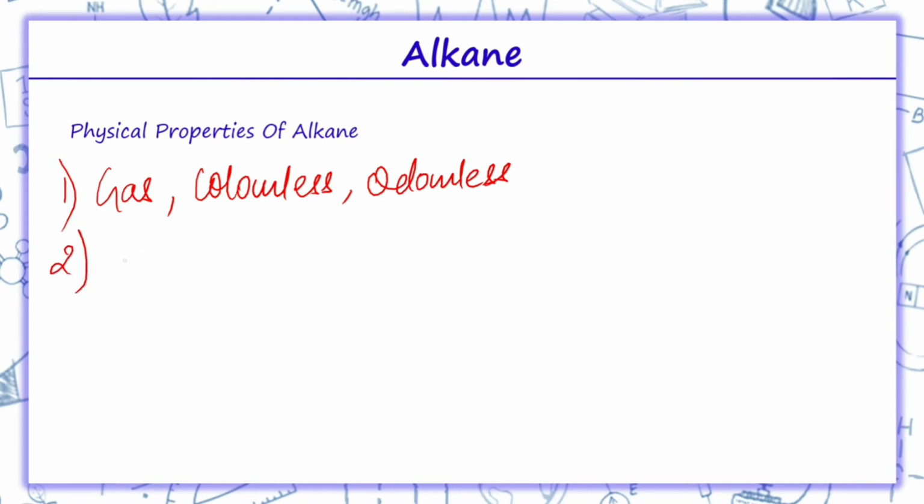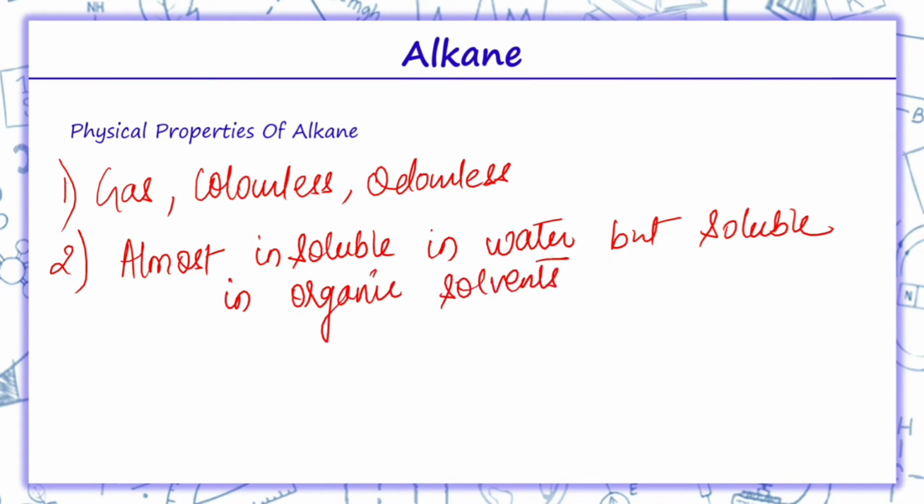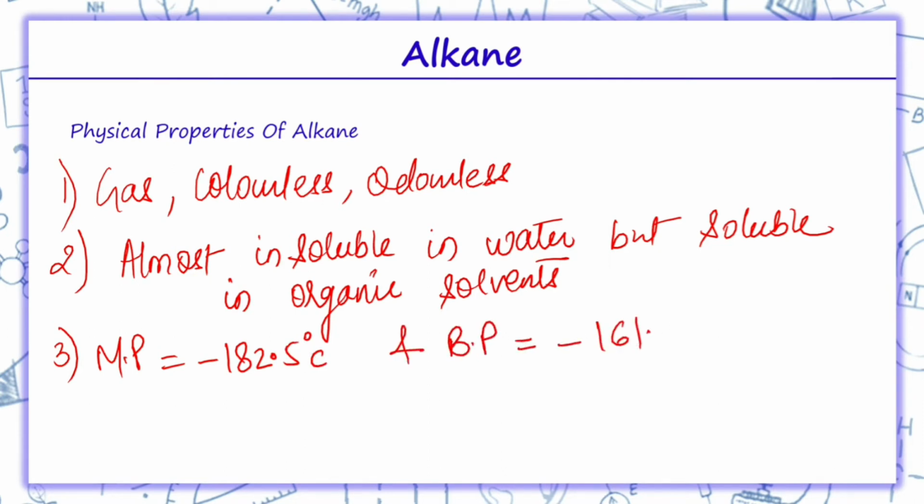Similarly, when we talk about solubility, it is almost insoluble in water, but soluble in organic solvents. Third physical property: its melting point is minus 182.5 degrees Celsius and its boiling point is minus 161.5 degrees Celsius.